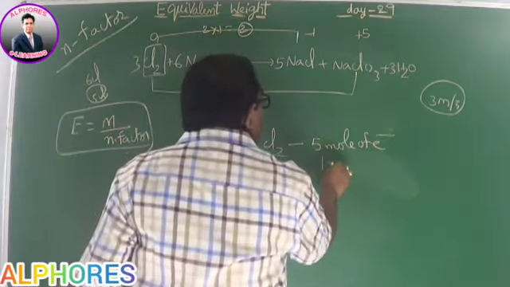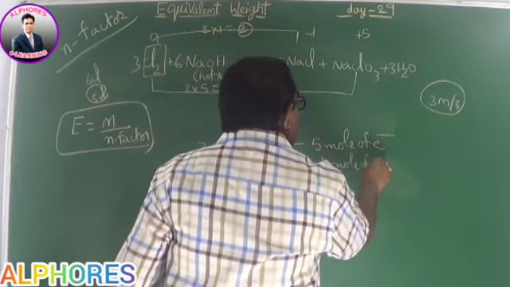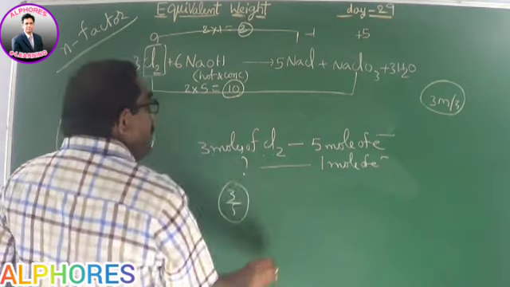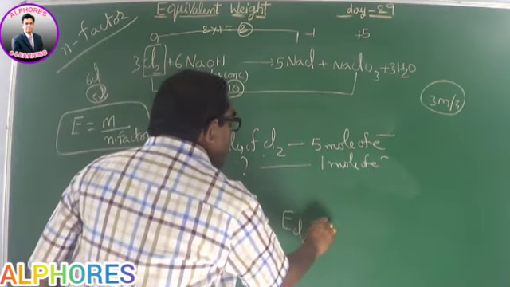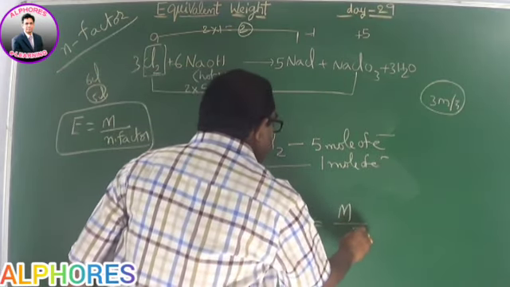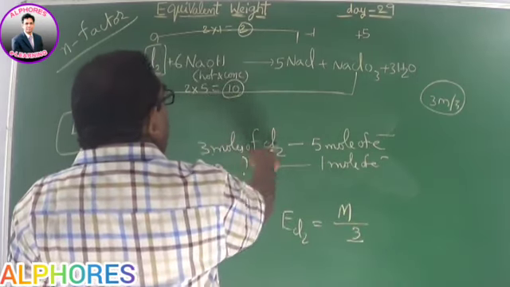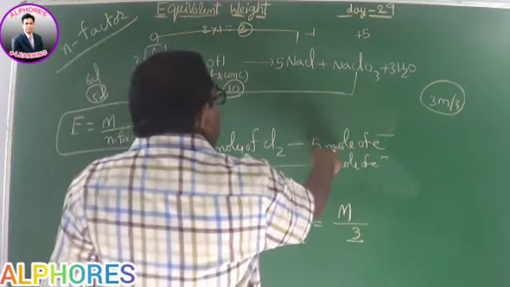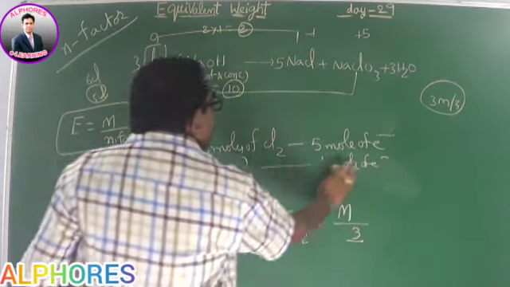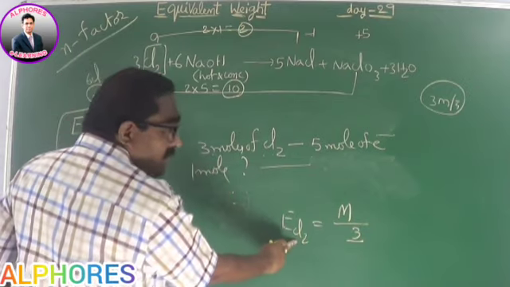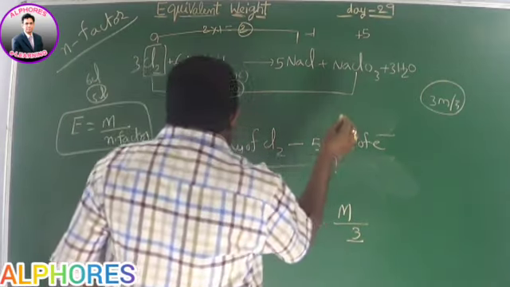So for 1 mole of electrons, what is the value here? 3 by 5. Just now I have taught you equivalent mass of chlorine is equal to formula mass divided by 5 by 3. So for 3 moles of chlorine, 5 moles of electrons. So for 1 mole of chlorine, how many moles of electrons?